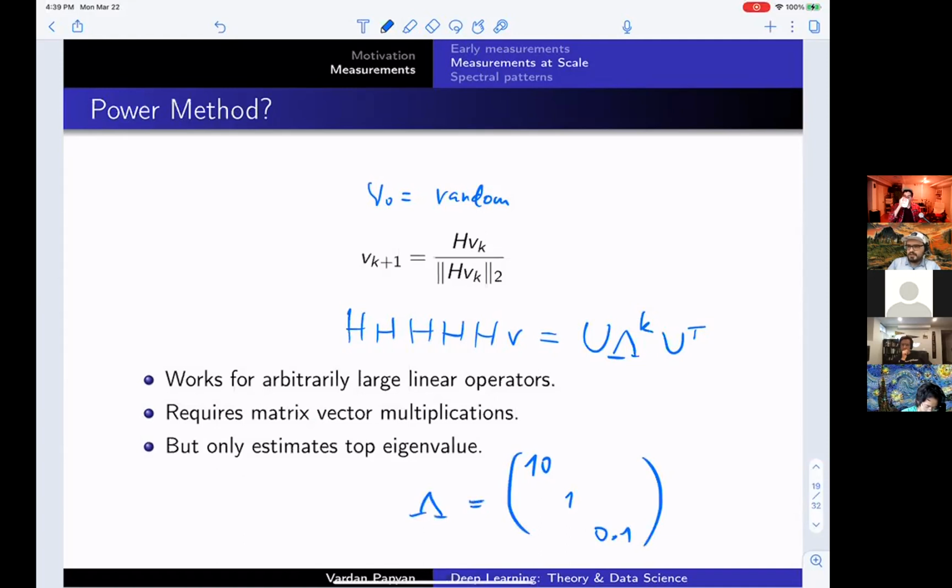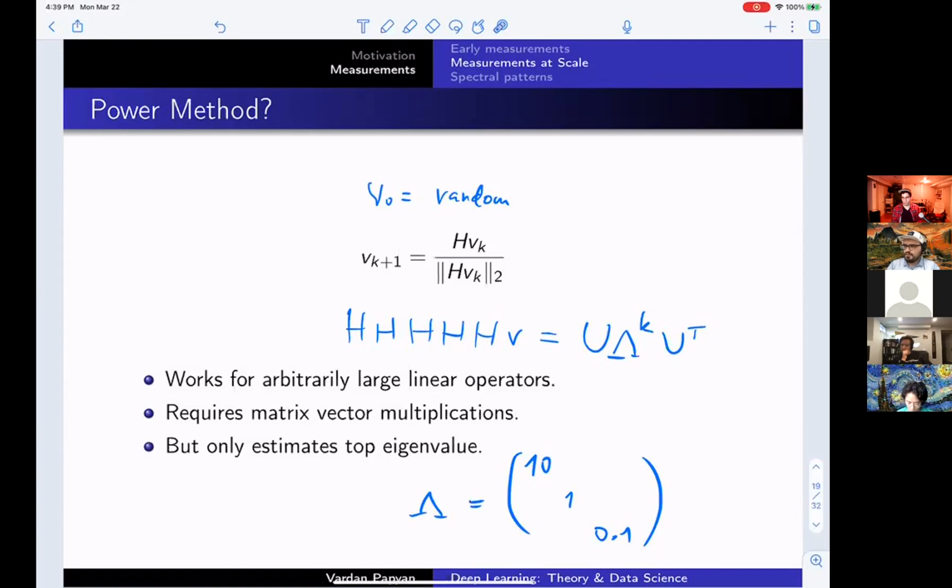And imagine we take this to a power of 100. Then 10 would become 10 to the power of 100, which is a huge number. 1 would still be 1, and 0.1 would vanish. So the dominant eigenspace would be the top eigenspace, right? Does that make sense? So if you keep multiplying by the matrix many times, you eventually are going to converge to the top eigenspace.